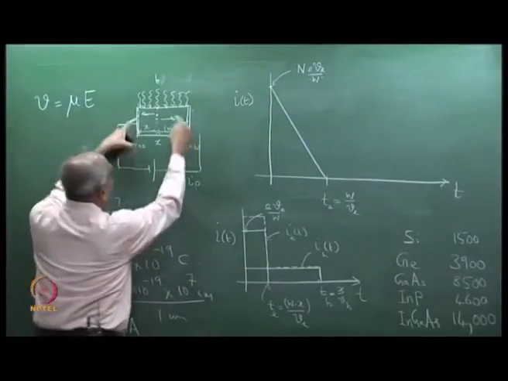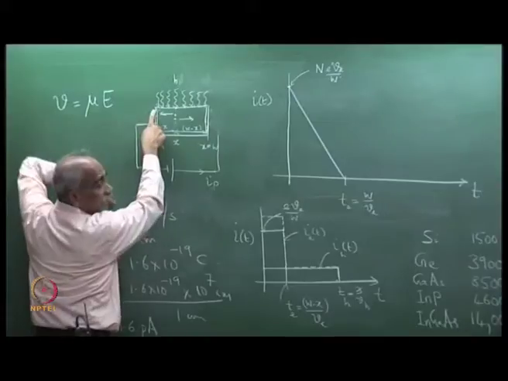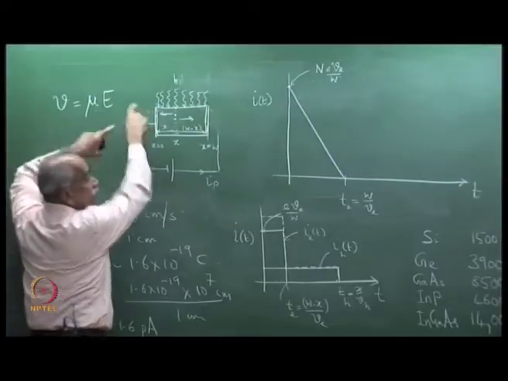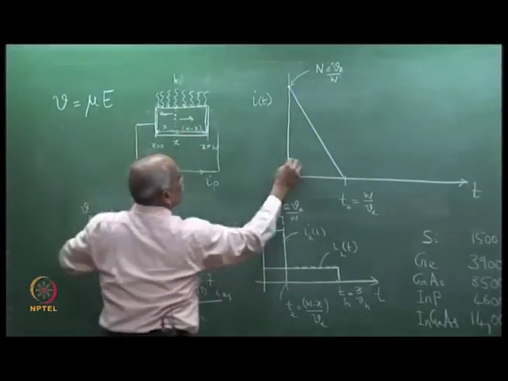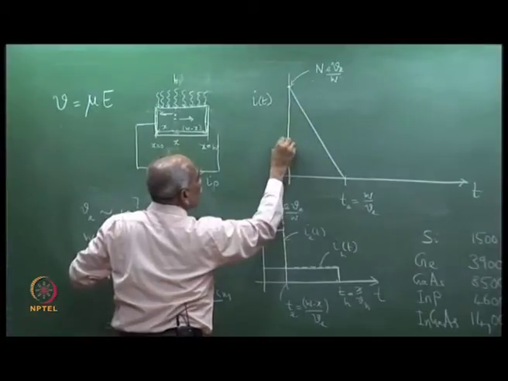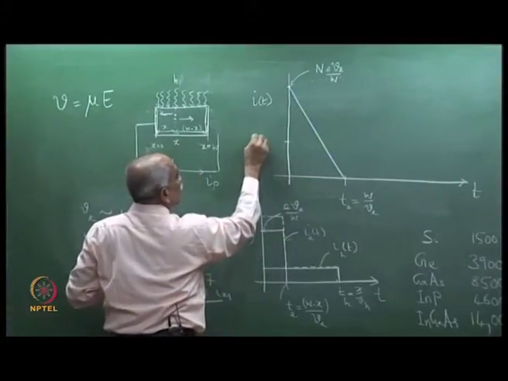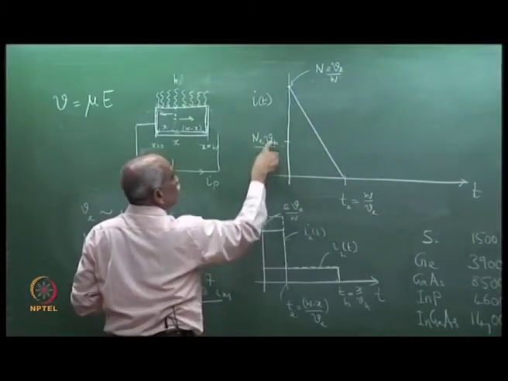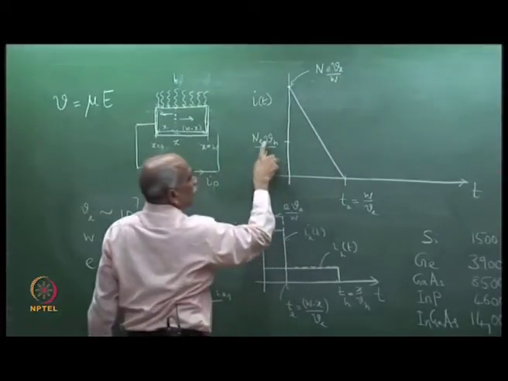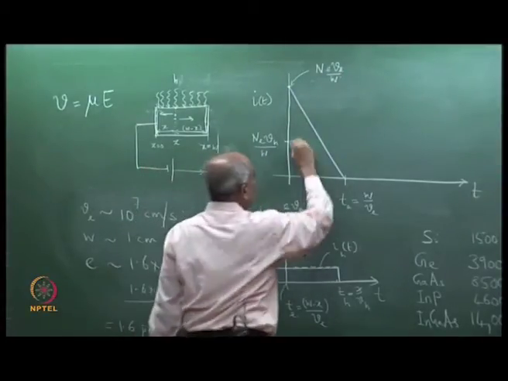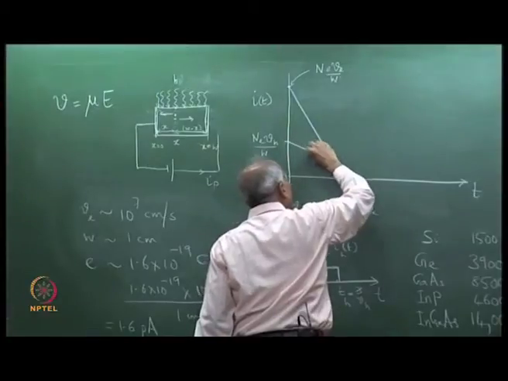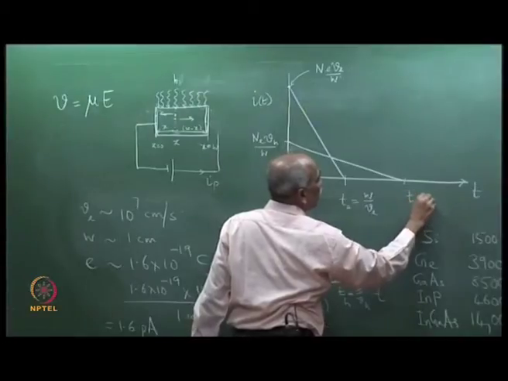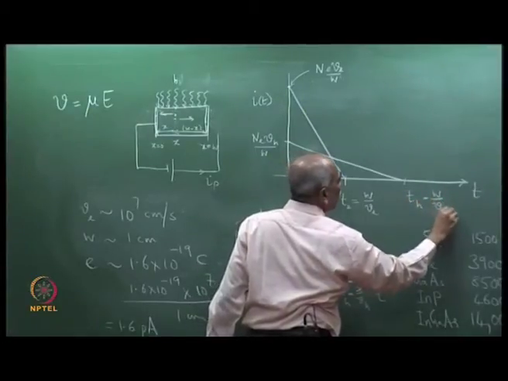Similarly, for the hole current, holes which are generated here are immediately collected, but the hole which is generated here has to travel all along, and therefore it will vary from a smaller value here. I am taking a smaller value, why? Because the hole current is N e V_H divided by W. V_H is smaller than V_E, therefore it starts somewhere here, and then it will continue for a duration up to this. So, what is T_H? It is equal to W divided by V_H.